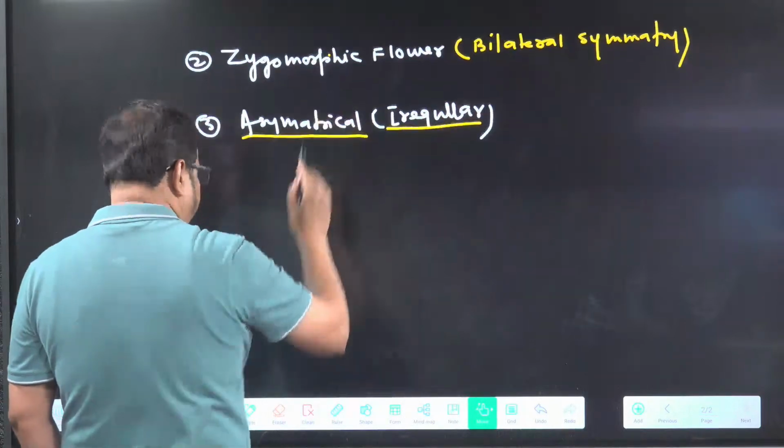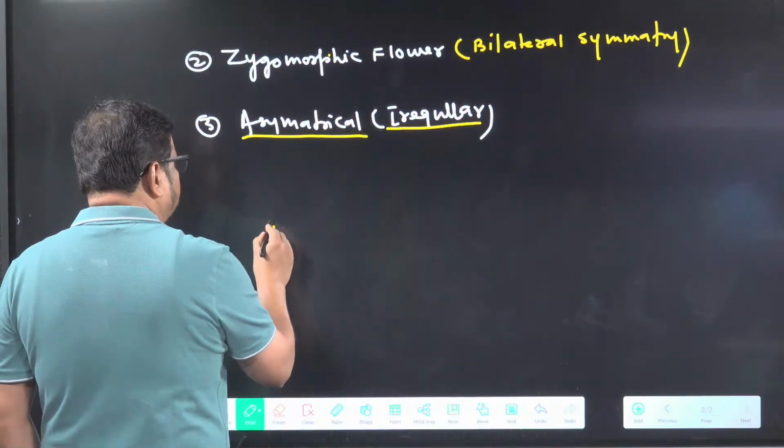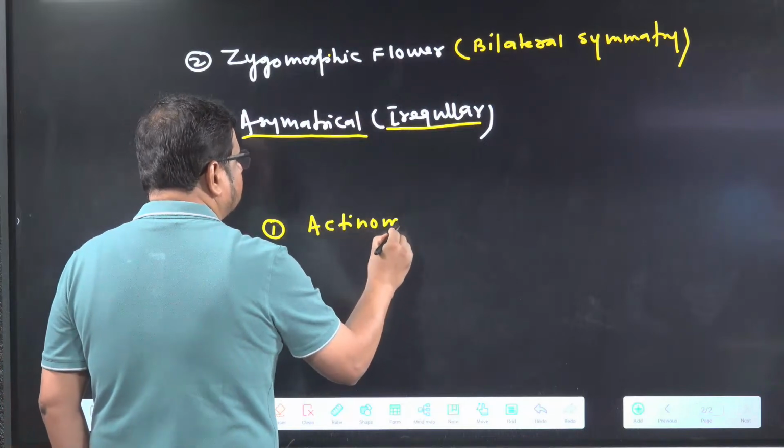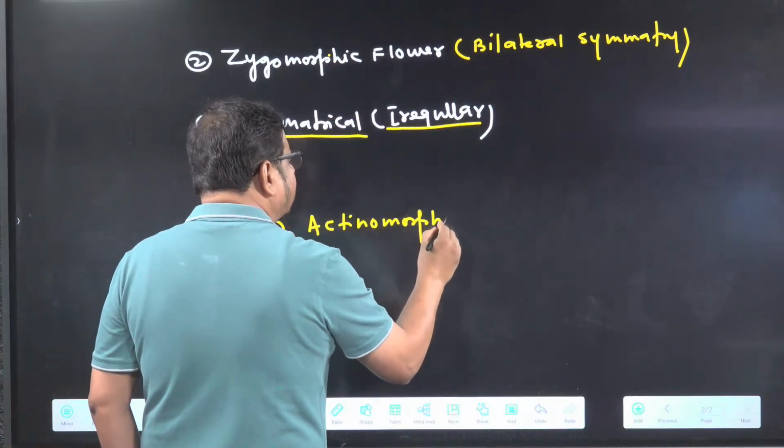Now we are going to deal with the actinomorphic flower. Give your attention. What happens in actinomorphic flower?